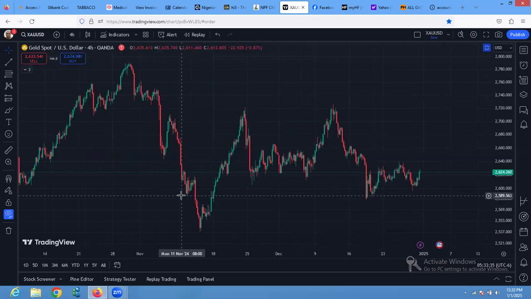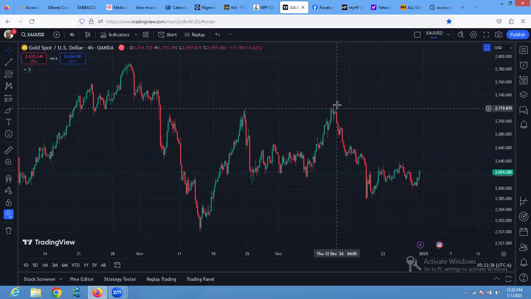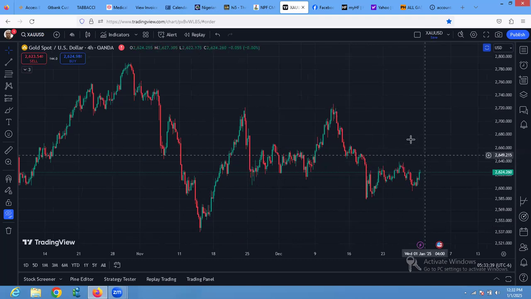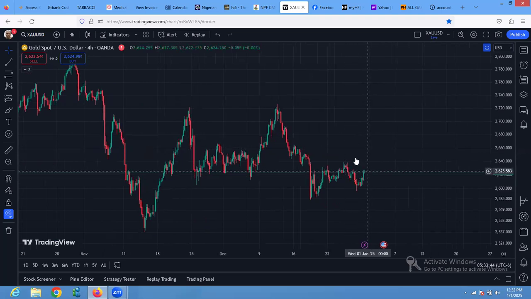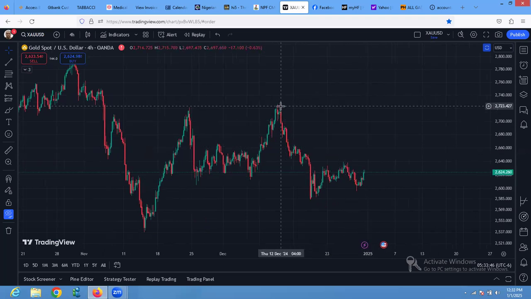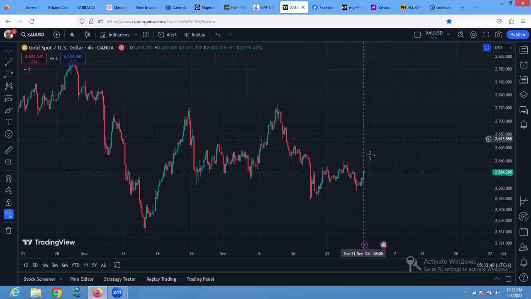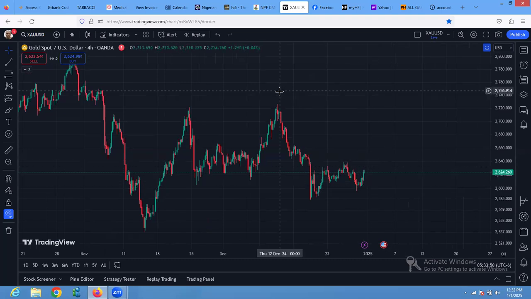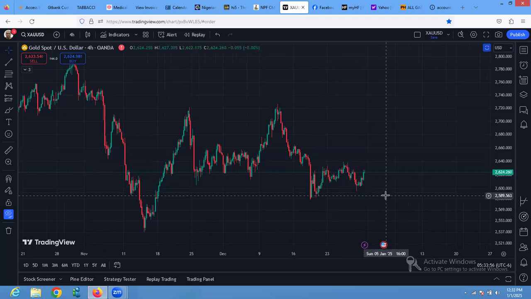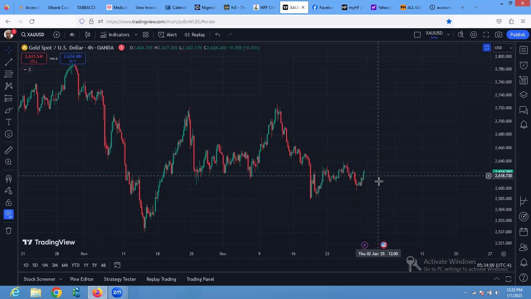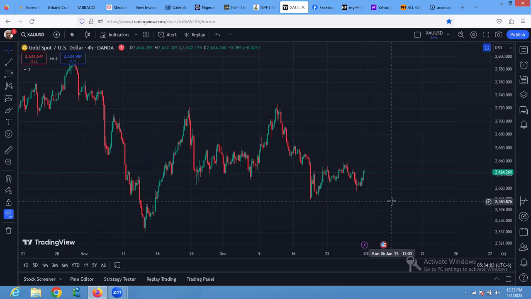So we have said we may be seeing a WXY to the downside. Now, with this bullishness here, we may be trying to do an A B wave, and the last part of C. That means A of B, A of C, C of B of C, and a C of C to the downside. I still believe that the dollar still has some leg to go to the downside here.